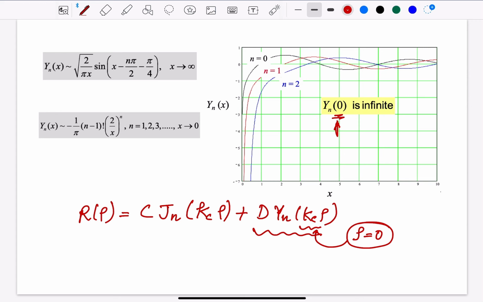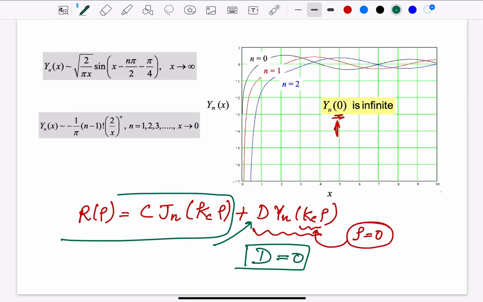So then what should we do? It means that this constant here should be 0, so D must be 0. We are left with this much only, so the solution carries only the Bessel function of the first kind.